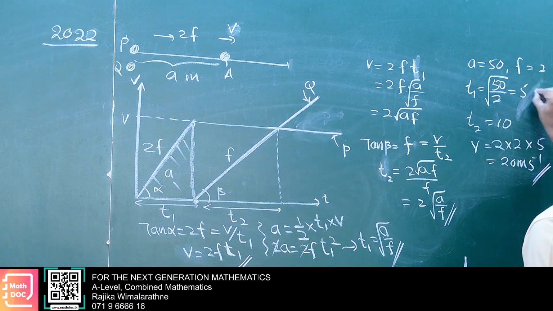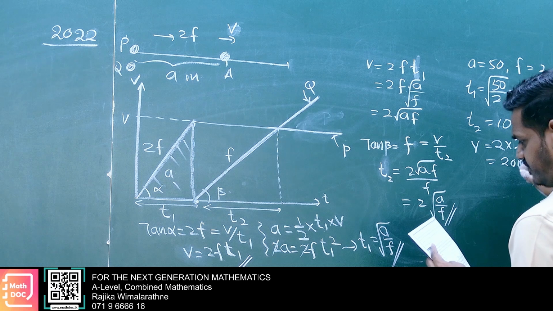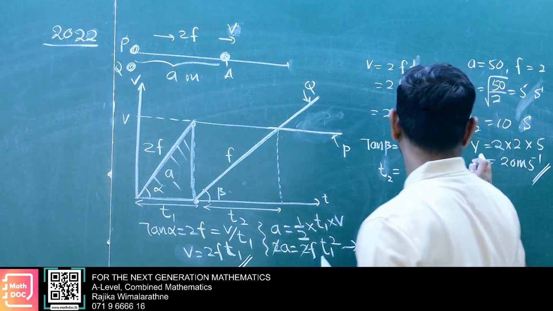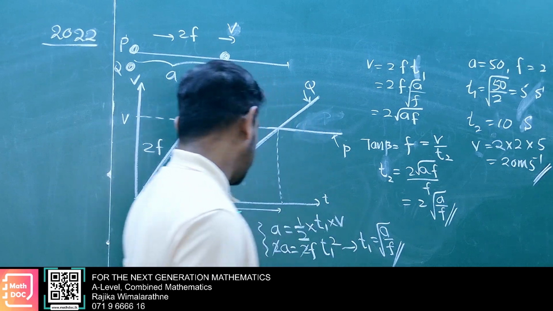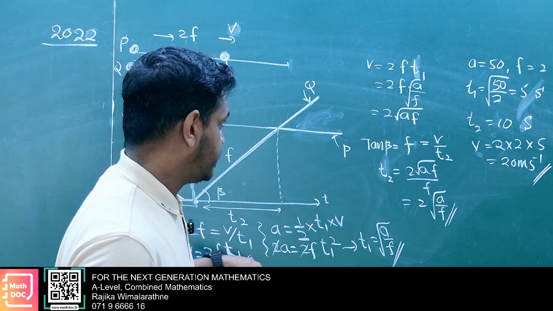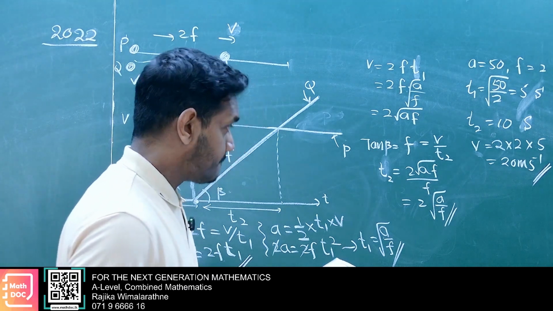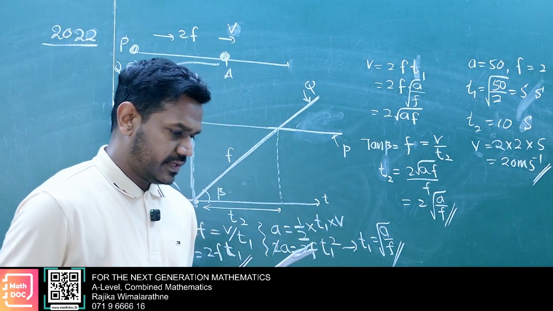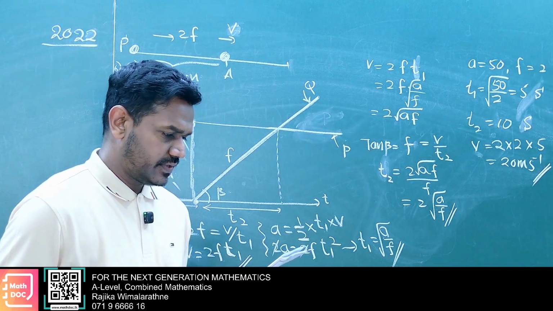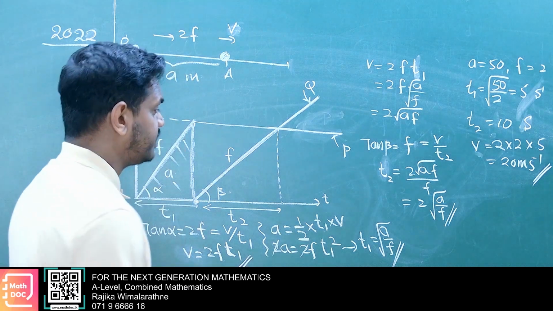Checking: 2 times 4... T1 is 5, so V is 20. Now they meet at point B, meeting in position.